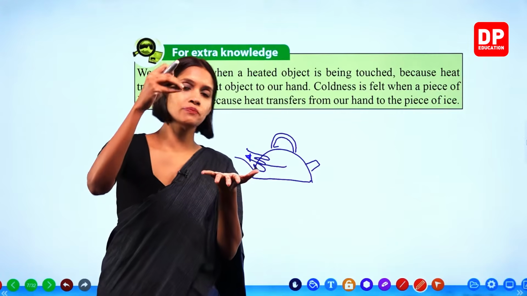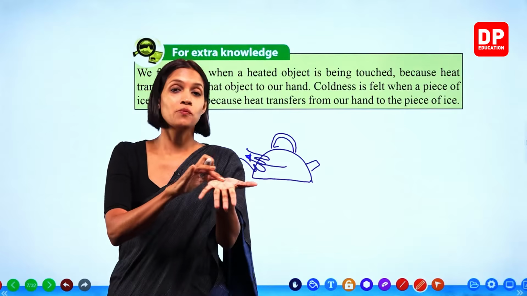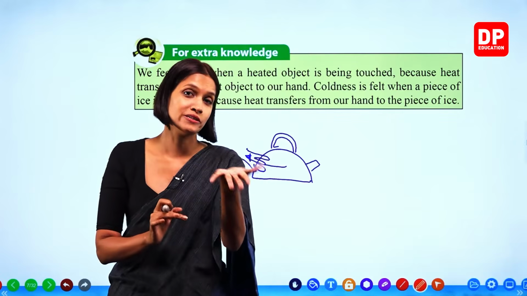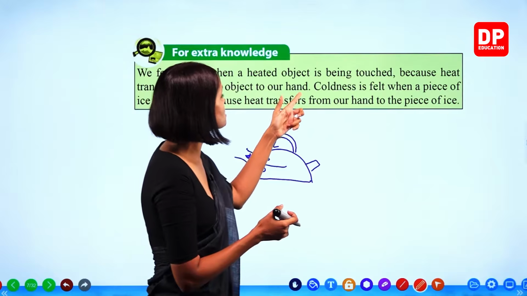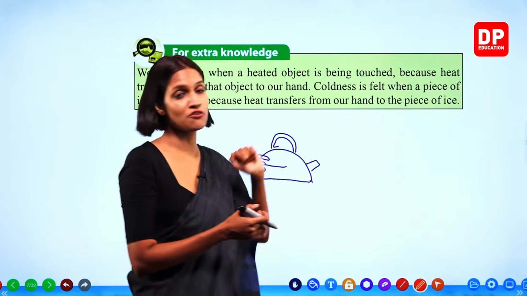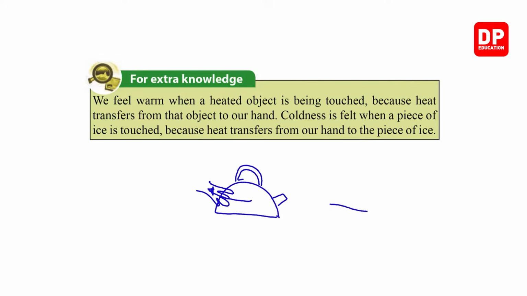When we place a piece of ice on our palm, we feel that place on our palm is cold. What is this? Because heat transfers from our hand to the piece of ice. Very interesting, right? So, when you place a piece of ice in your hand, what happens? If this is the piece of ice, what happens, children?